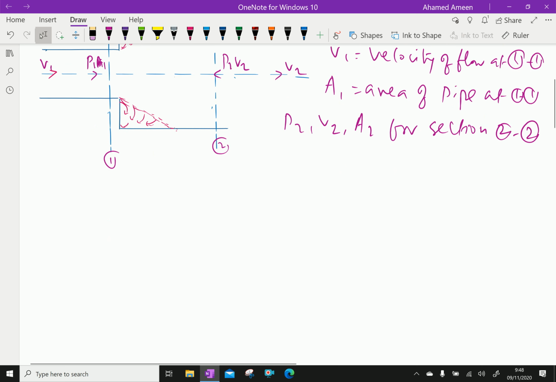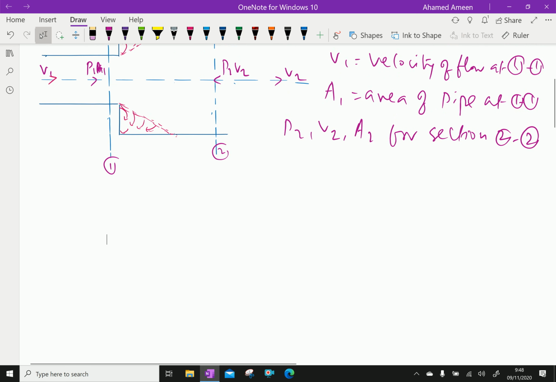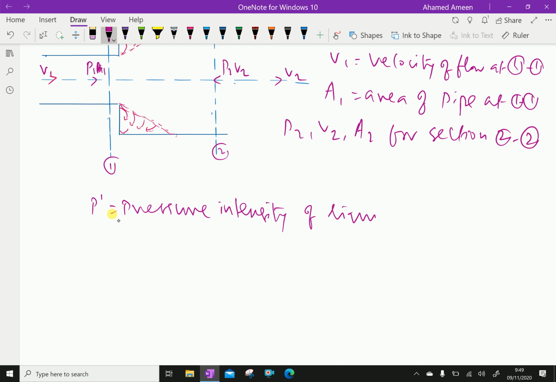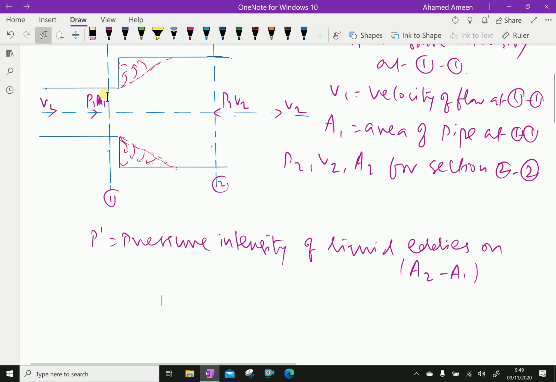Let P dash be the pressure intensity of the liquid eddies on the section A2 minus A1, that is, this enlargement section, this changing area section.